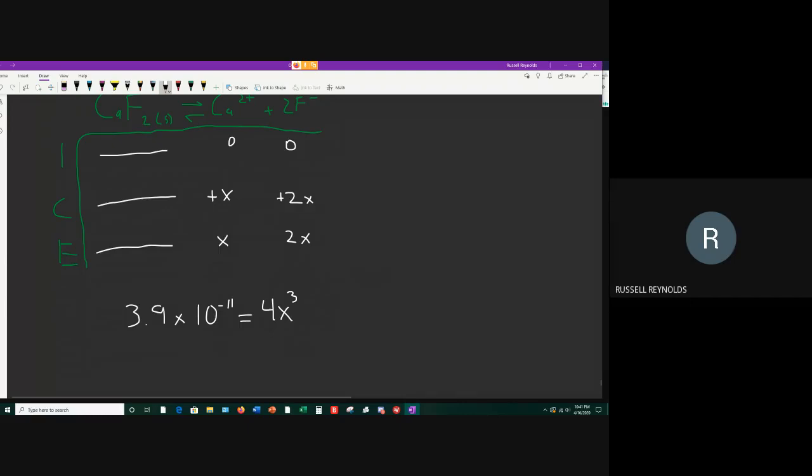So now what we want to do is divide this 4 out of both sides. Pretty simple.